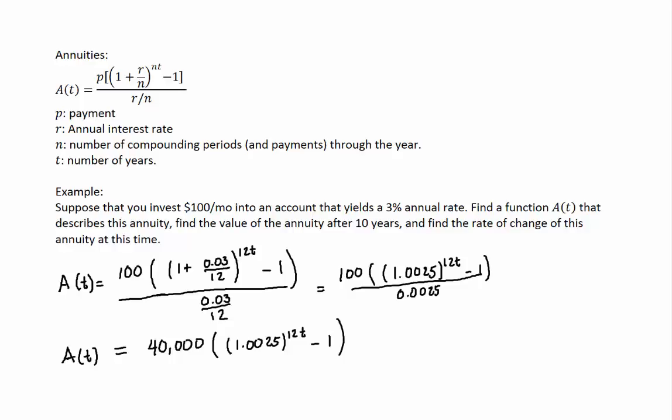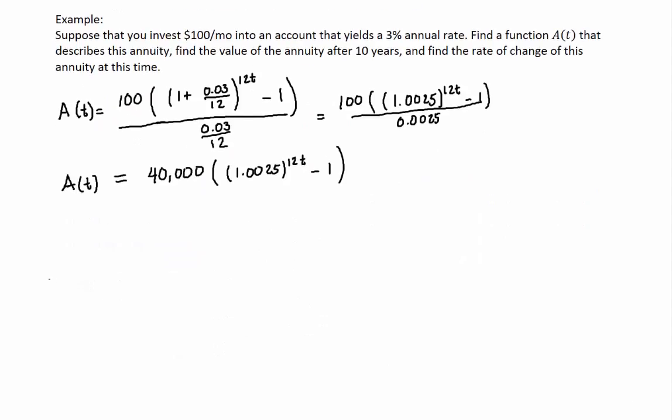Looks a lot nicer. So if you were interested in calculating the value of our annuity after 10 years, you would just plug in 10 and it would be 40,000 times 1.0025 to the power of 12 times 10, 120.